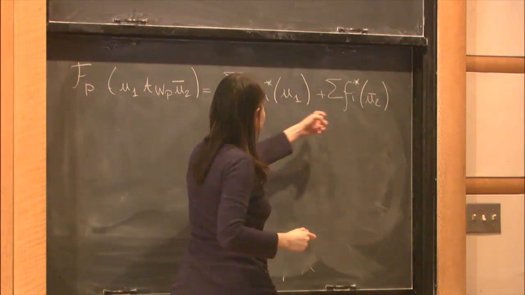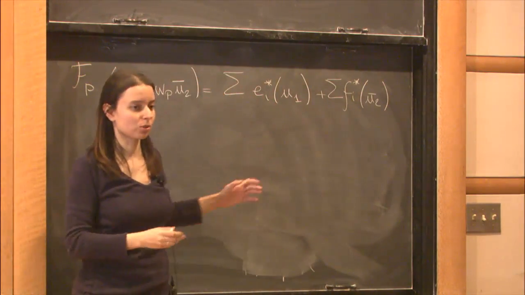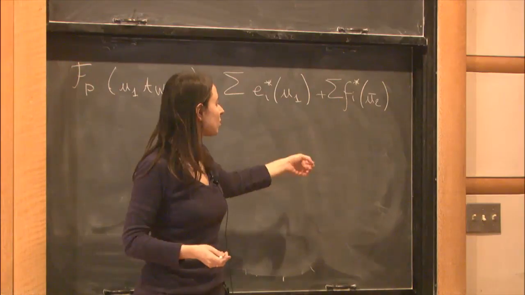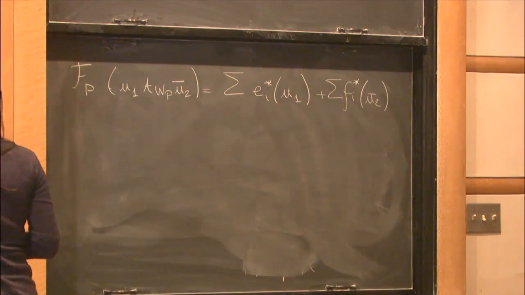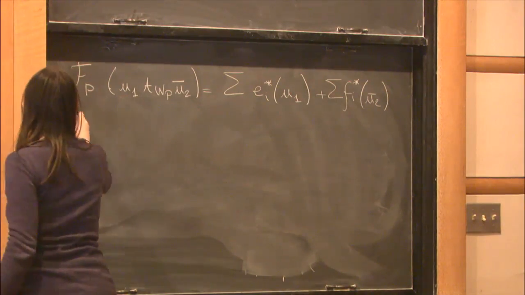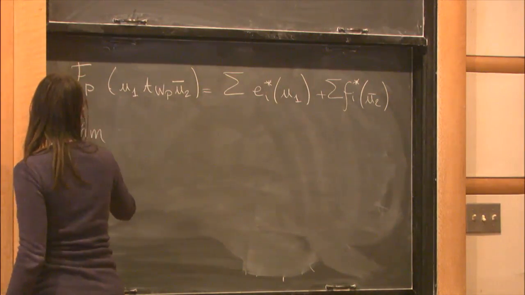Okay, so these are the Chevalley generators, and that roughly corresponds to taking the coefficient just above the diagonal or just below the diagonal.